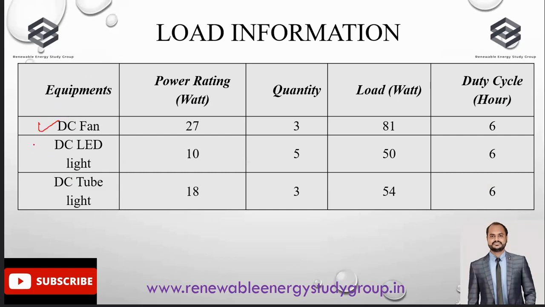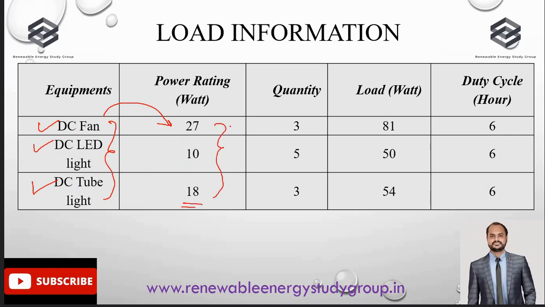Let's say the DC fan, DC LED light, DC tube light are the equipment this particular consumer has. We must know the wattage rating of the individual equipment. A DC fan has 27 watt, DC LED light has 10 watt, DC tube light has 18 watt. We have to write that in this particular column.